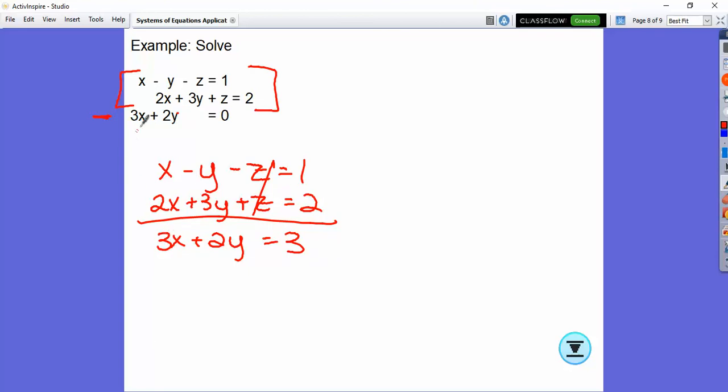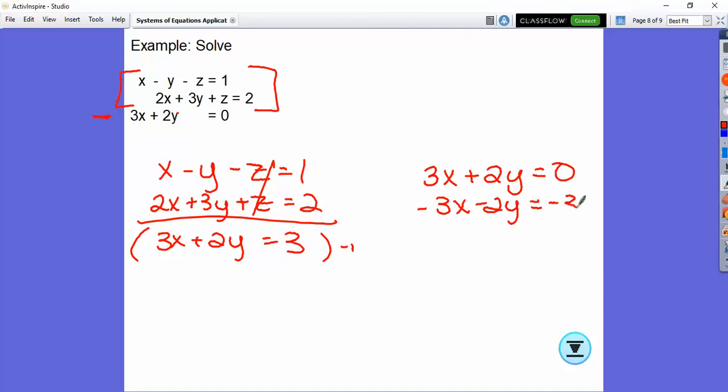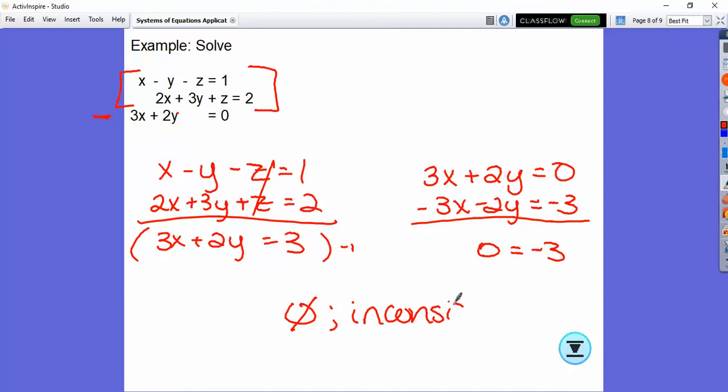So now I can put my third equation with this one. If I want to eliminate y, what do I need to do? Okay. Let's take this times -1. When you add those together, what happens? What does that tell me?